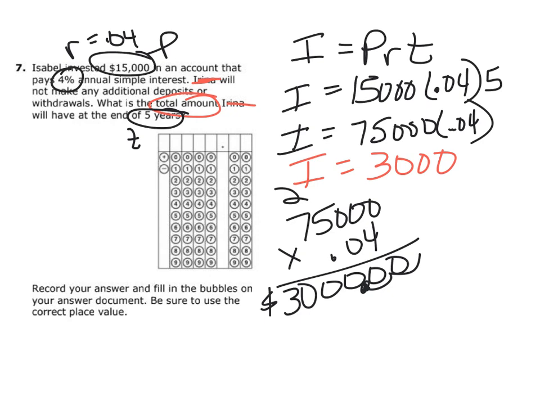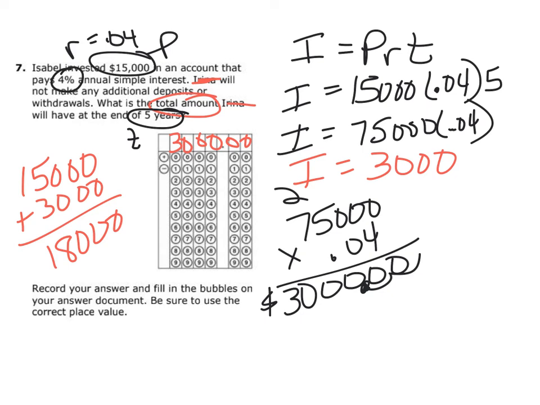Now, we do have $3,000 as our interest, but they asked us for total amount. So, because there's not enough places in the griddable, I went ahead and accepted $3,000 as your answer. Or, if you actually did it correct and answered the question, then your answer should have been the 15,000 plus the 3,000. So that's 18,000.